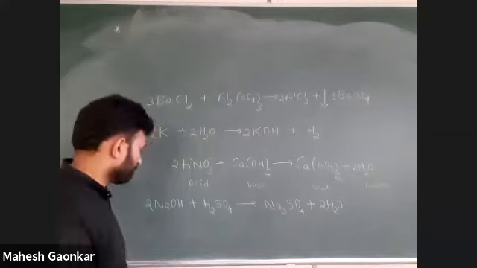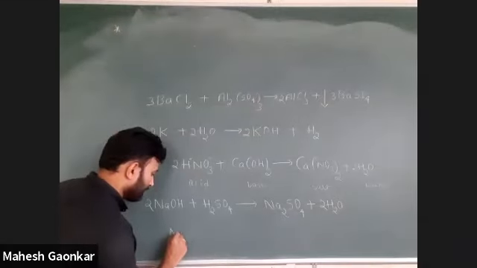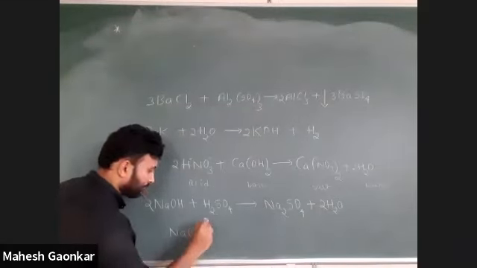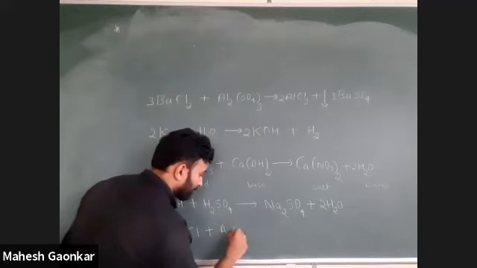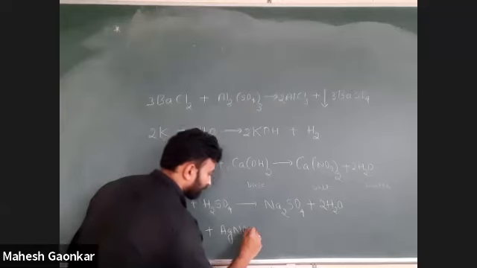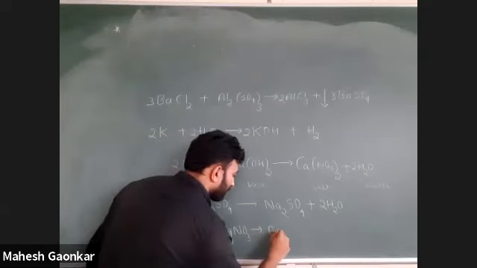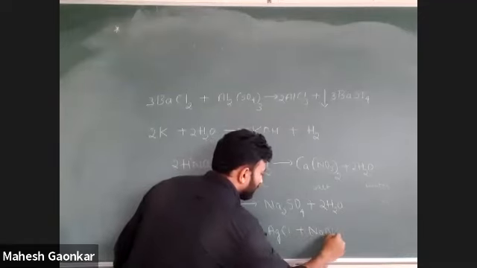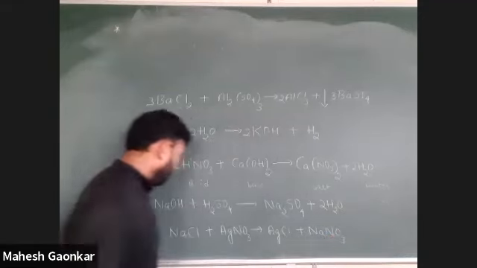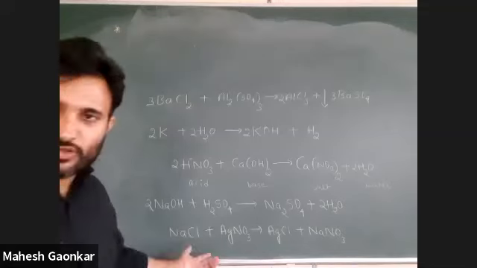NaCl plus AgNO3 gives rise to AgCl plus NaNO3. You don't need to balance this, it is already balanced, right?